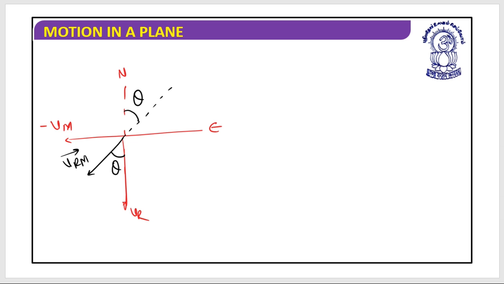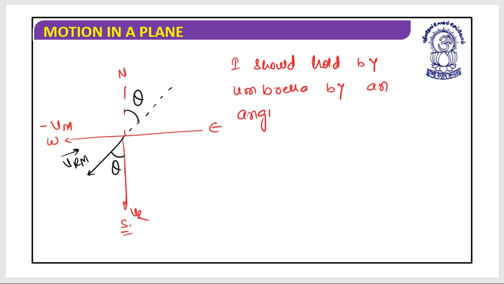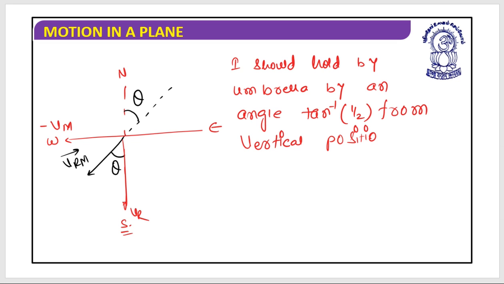It is north, east, west, south. Yes. So I should hold my umbrella by an angle tan inverse of 1 by 2 from vertical position in northeast direction.